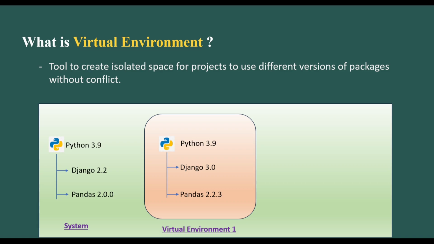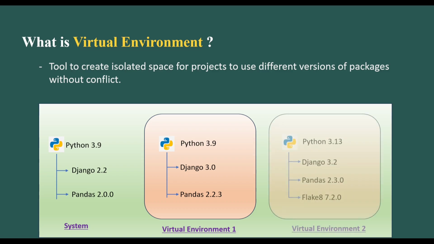If we want to create another project which needs to use separate version of Django and pandas, or maybe some other packages that is not required in virtual environment 1, here we have virtual environment 2. It contains Django and pandas both, but of different versions, that is 3.2 and 2.3.0, and it contains extra packages like flake8 7.2.0.